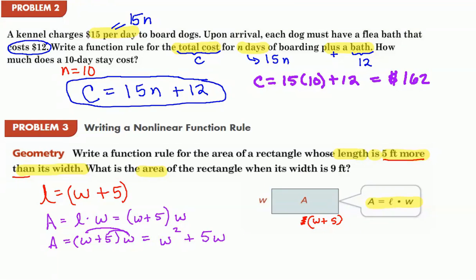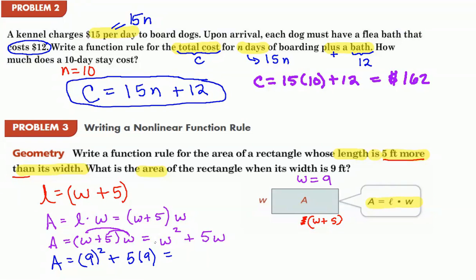So we're going to substitute W for 9. W is going to equal 9. So now we plug it in. Area is going to equal 9 squared plus 5 times the value of W, which is 9, so 5 times 9.